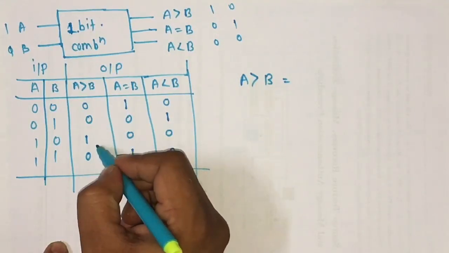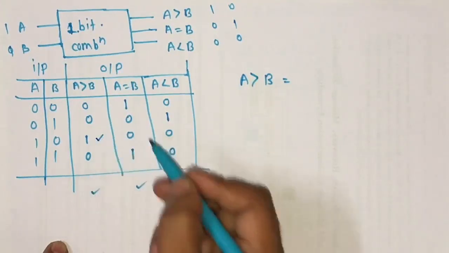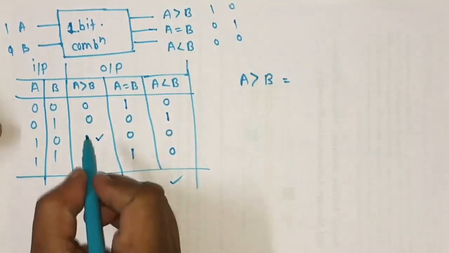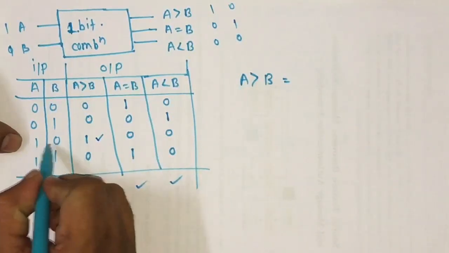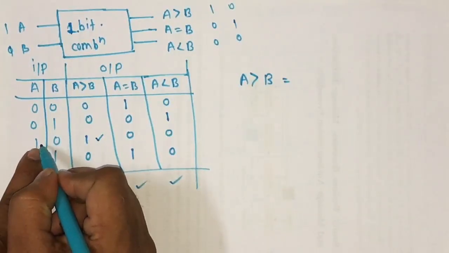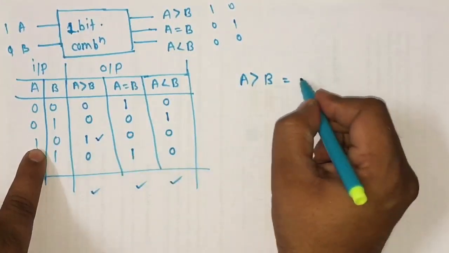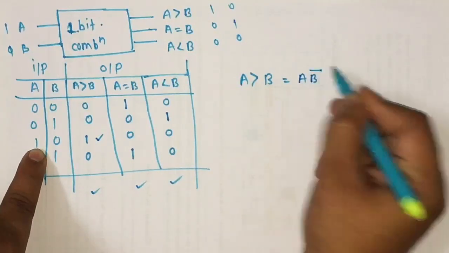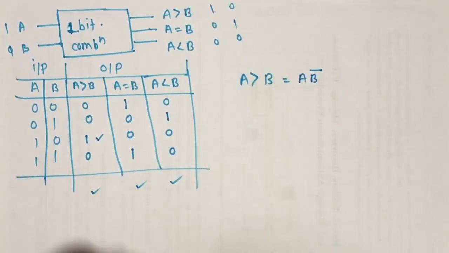For the selected case, write the product term of the inputs. The inputs are 1 0, so it is A B bar. That is the equation for A greater than B.